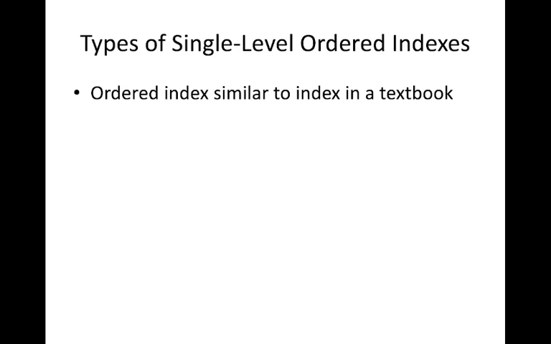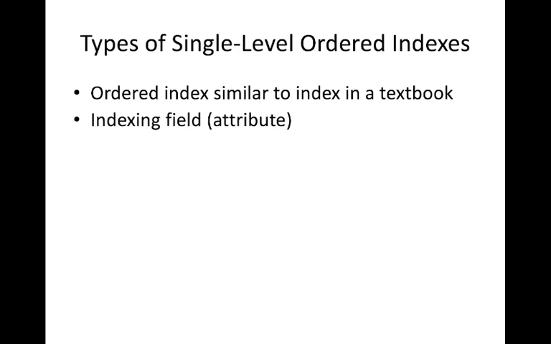If we want to search the name schema, you search for S and you will get schema, and next to schema you will see the page number. You can simply refer to that page number and you will get the details about schema. So it is an ordered index, similar to that of a textbook.